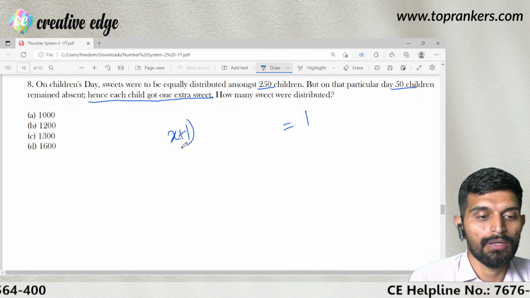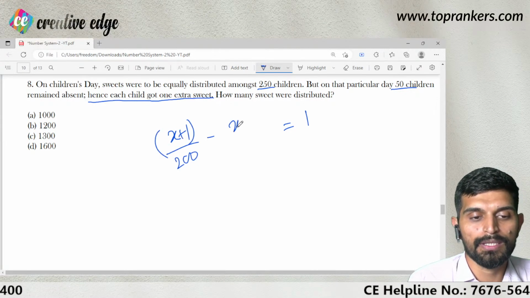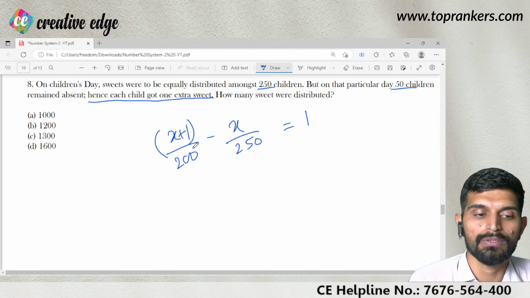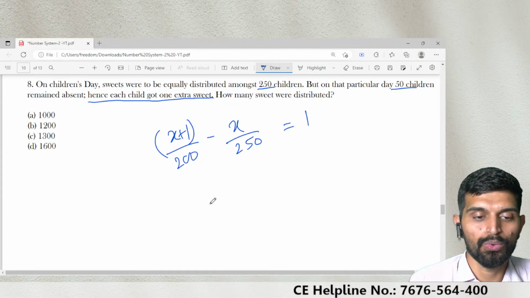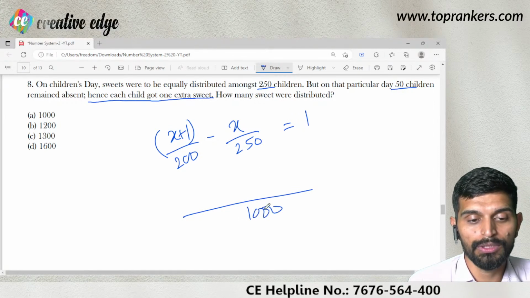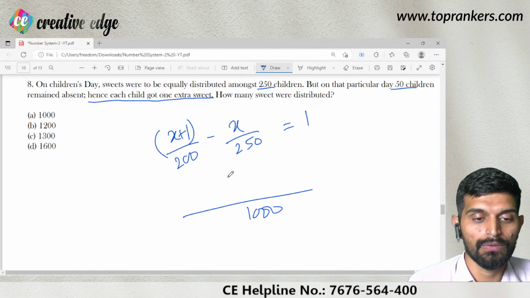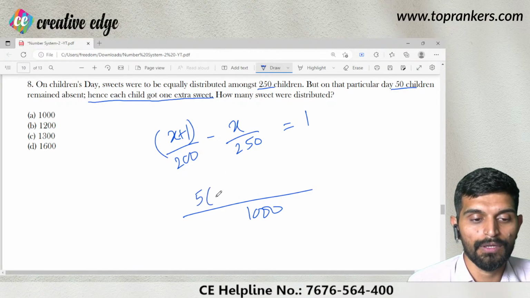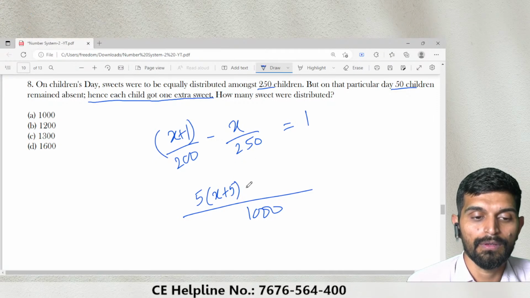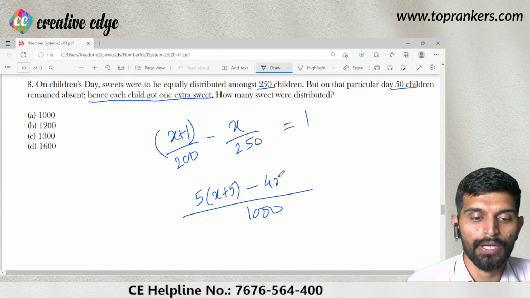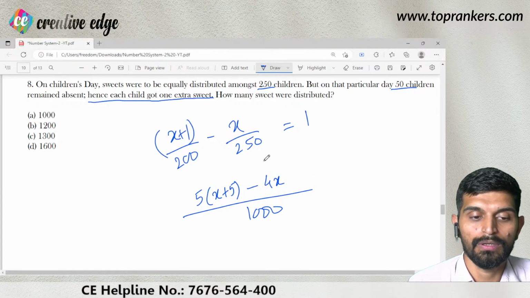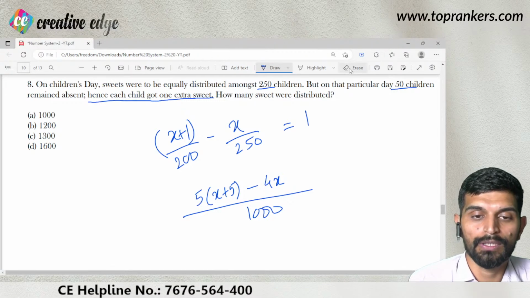X plus 1 upon 200 minus x upon 250. Originally this much, additionally this much. So difference of the two. So taking LCM, 200 and 250 will be 1000. So this is 5 times. So this is 5x plus 5 minus 4x. So this is x equals to 1000.